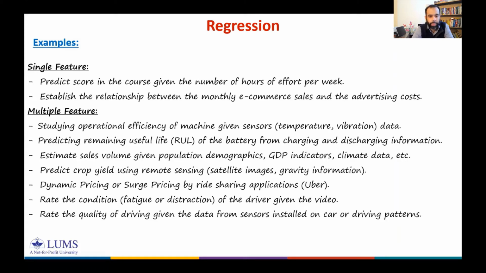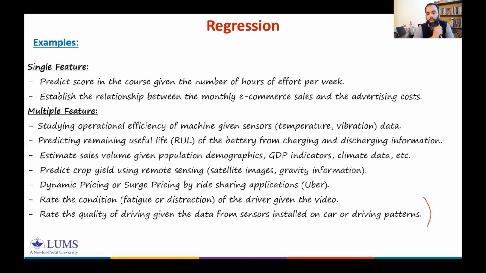Okay. In fact, these last two problems are very active areas at the moment, and we have been contacted by a couple of companies here in Pakistan and also from the US market.